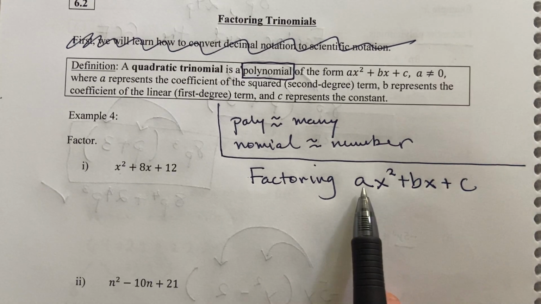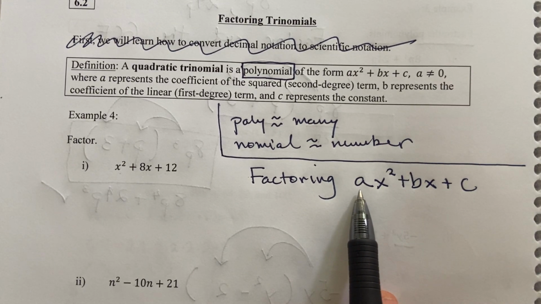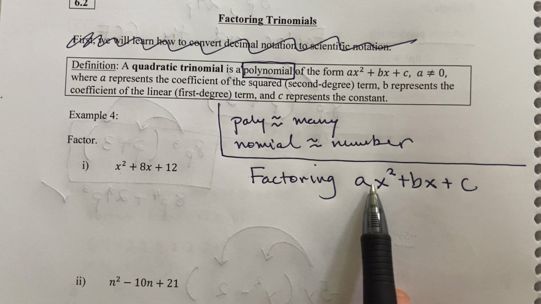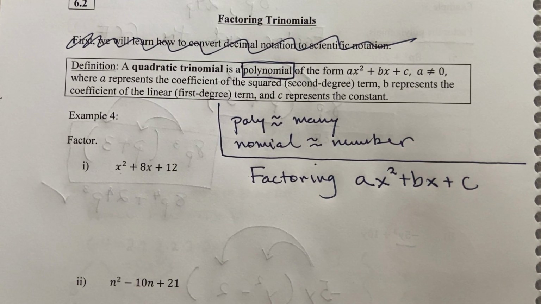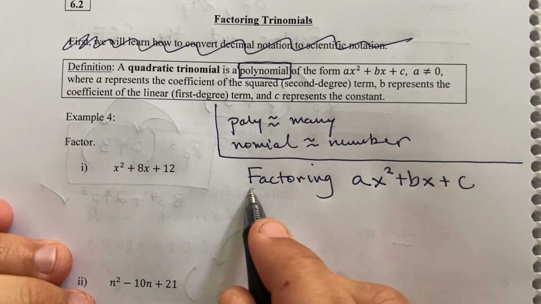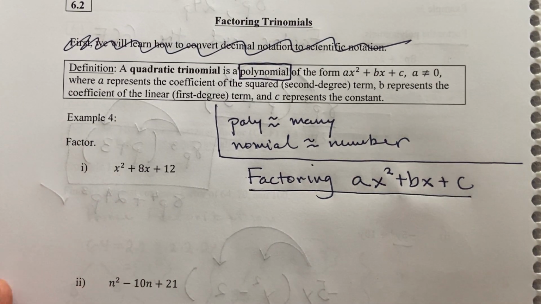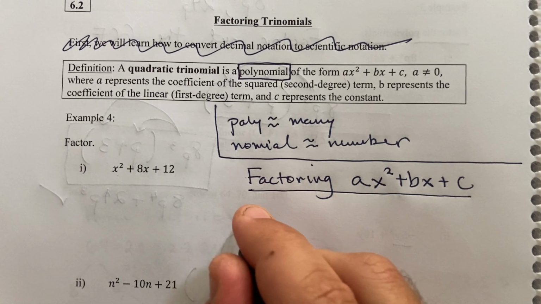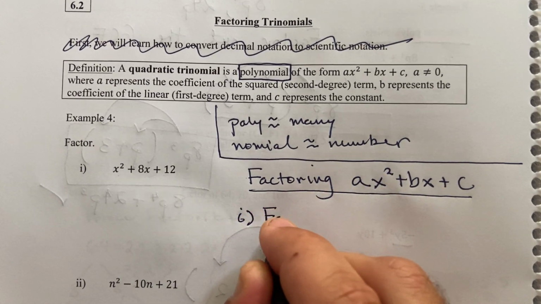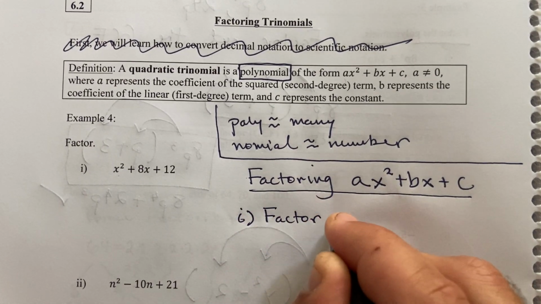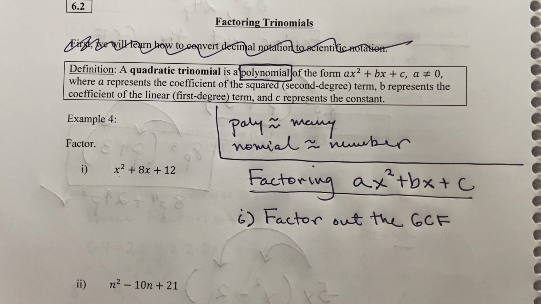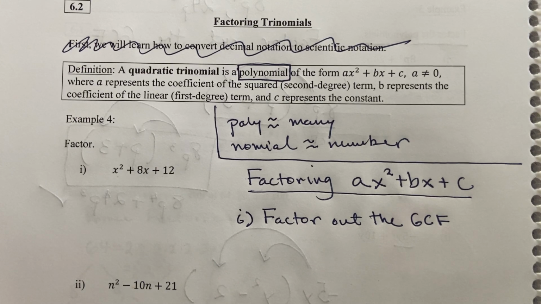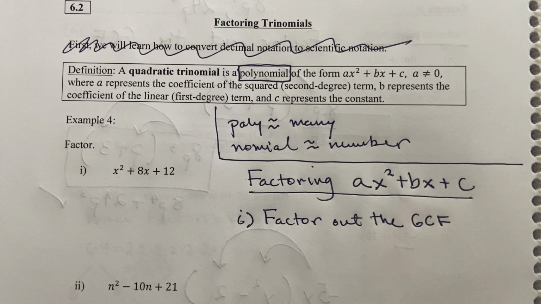So this is a general trinomial where a is not 0, but it's any other number, b is any number, and c is any number. So for factoring things such as this, step 1, factor out the GCF. Sometimes this doesn't entail anything, and you actually won't have a GCF.